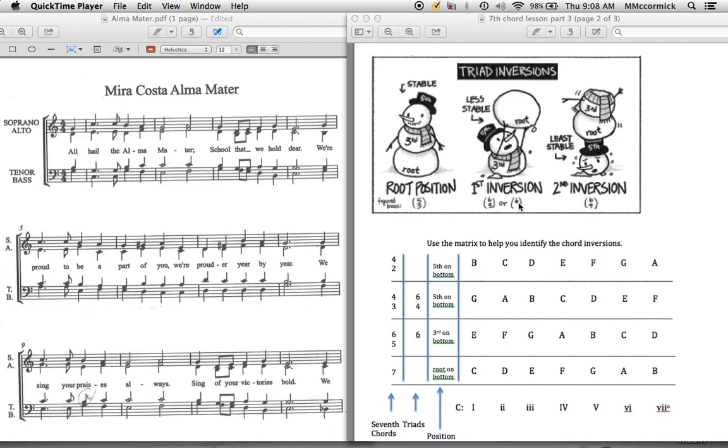Now let's talk a little bit of theory here for a moment. If you remember, we use this really cute snowman diagram. And you remember that when triads are in root position, right, they're the most happy and stable, as we can see from this happy snowman right here. There's the root of the chord on the bottom, the third in the middle, and then the fifth there. And here is just a C major triad.